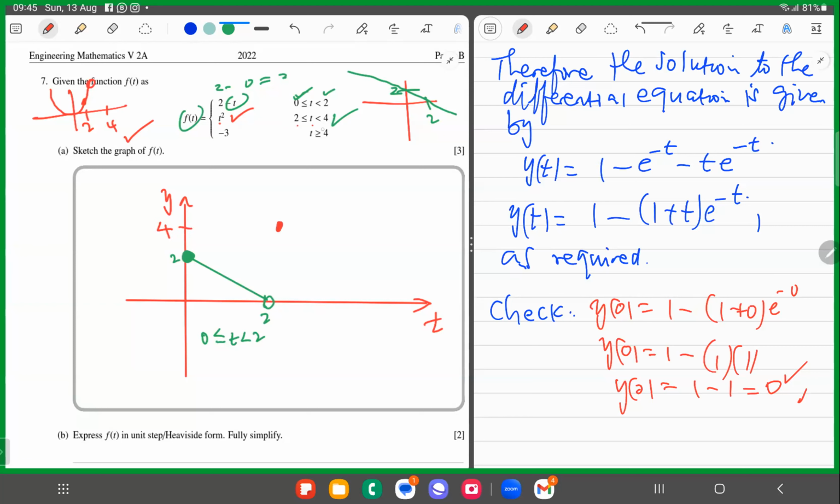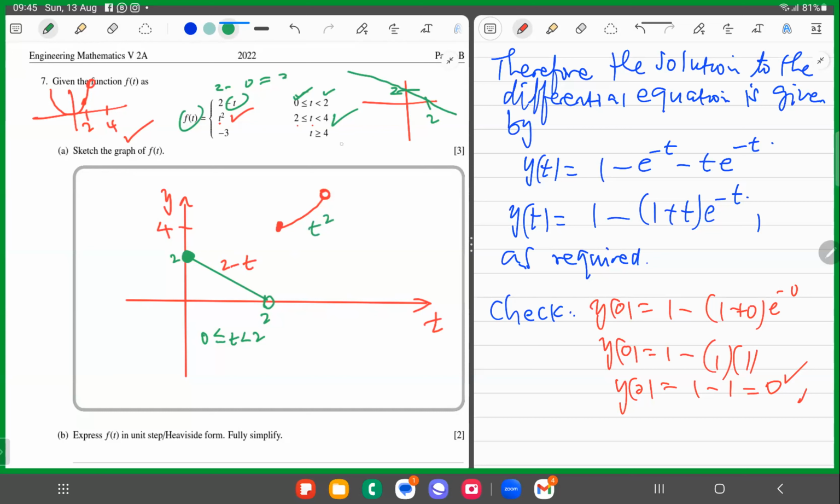And then when t is 4, like that. So this one is the 2 minus t part. This one is the t squared.